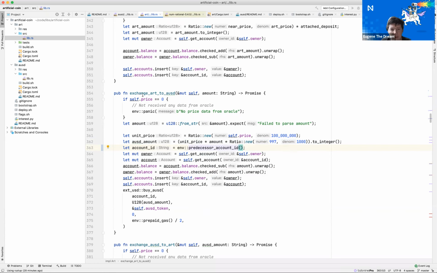We usually also require one yoctoNEAR on such operations because you don't want this being called without explicit approval by the account.